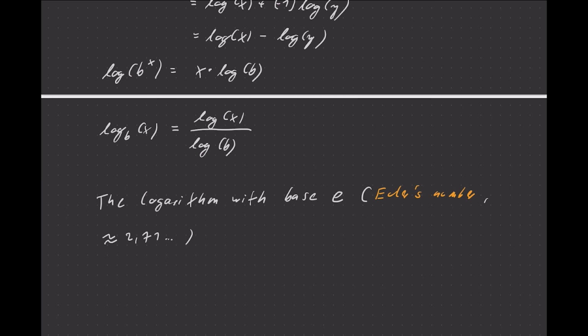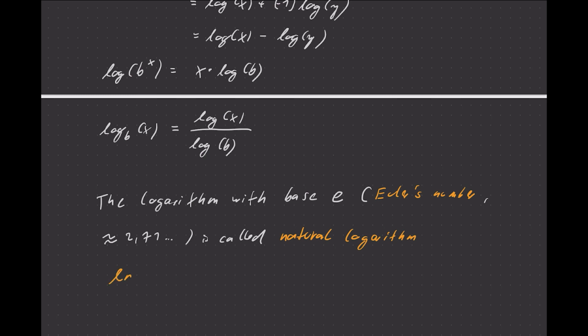That logarithm has a special name because it occurs so often that it's called the natural log. We'll learn more about why this is an appropriate name later on when we get to this in a little more detail. But just so you know, that logarithm is called the natural logarithm. And it has a special notation.